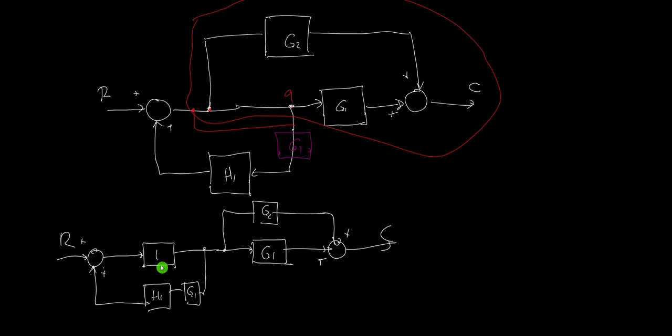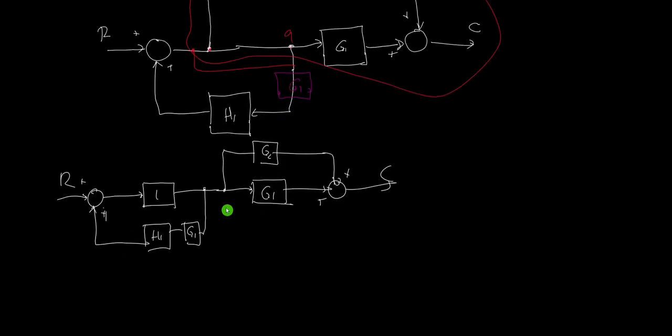If you look at this one now, it's obvious that we have two cascaded blocks. The first one is this one. The second one is this one. And they are cascaded, so to solve for C over R, we just need to multiply these two transfer functions. So what's the purple one? This is in canonical form. Our G here is 1. We need to simplify this first because they are cascaded, so H is just equal to G1 H1.